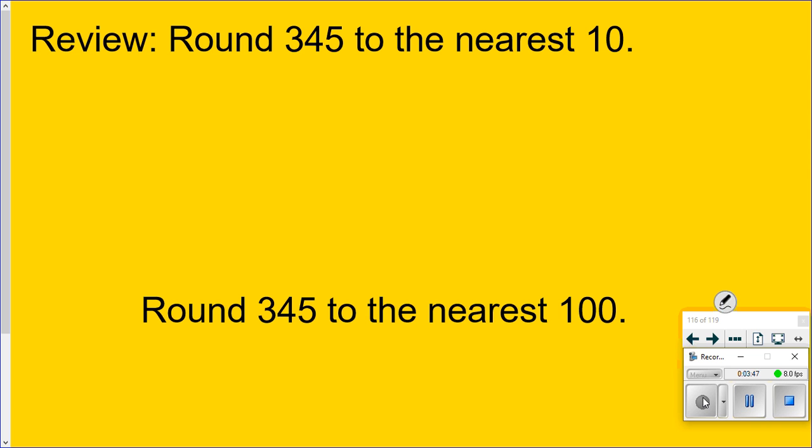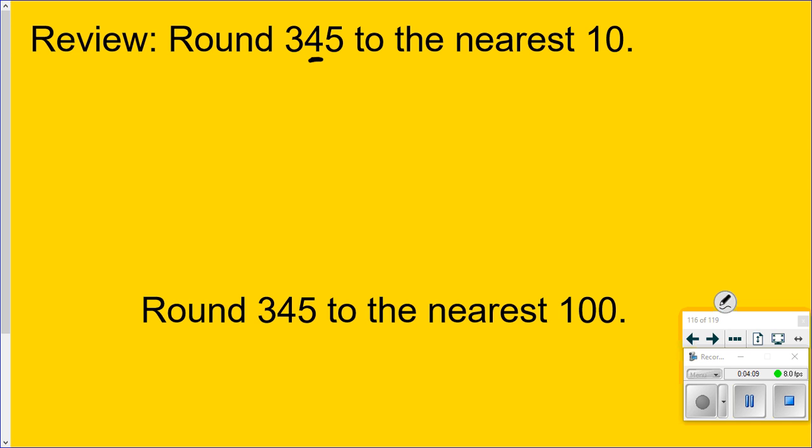Gwen, do you know what digit I should underline? The 4. Now, Gwen, does that mean I'm going to start my number line at 40? I'm not going to start at 40 because that would be a really long way to get to 345.